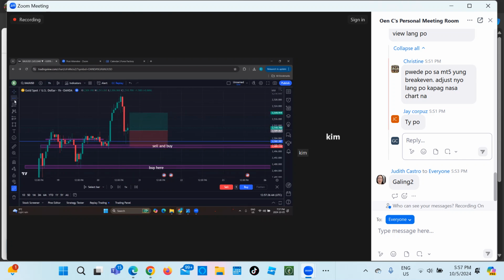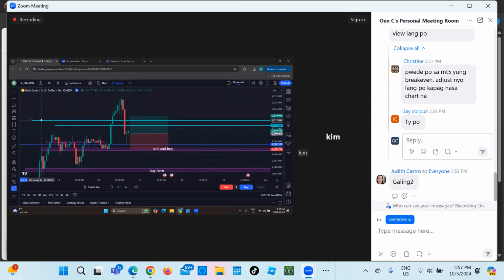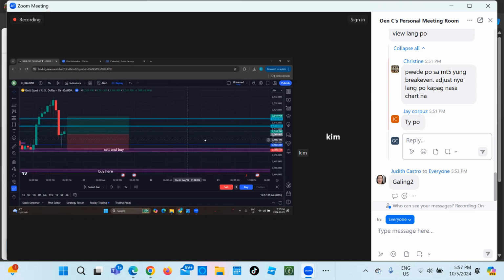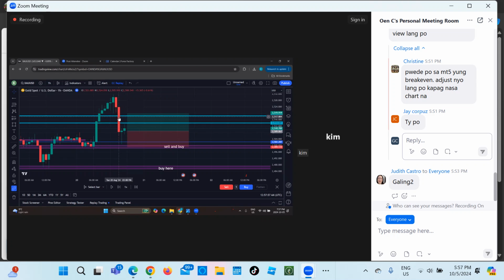I would place my first TP here, second TP here, or just above this line. This is what I call the FVG zone. FVG stands for fair value gap.